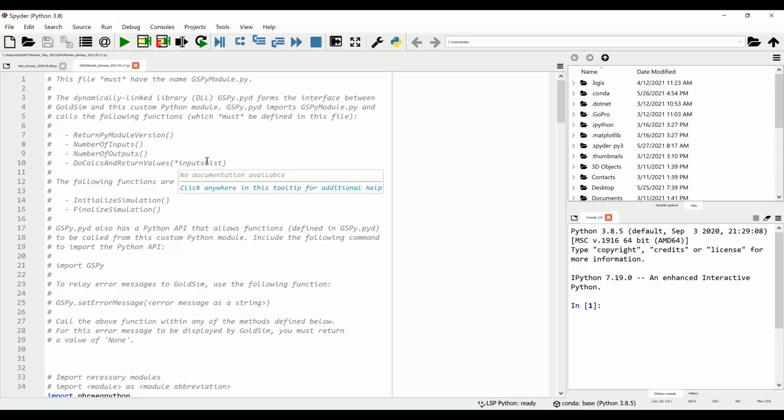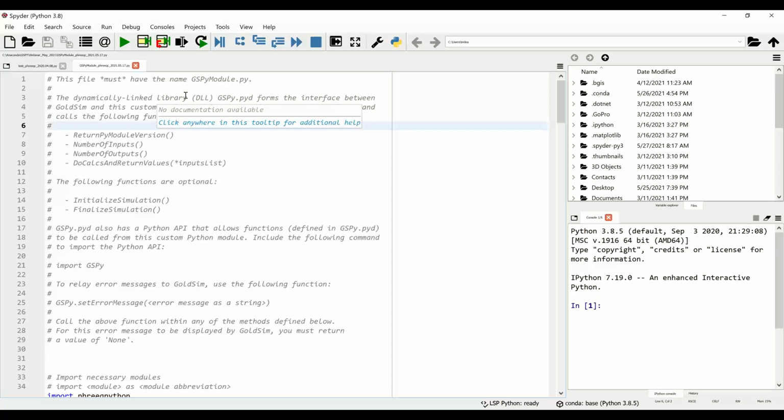Now, when you install the GoldSim Python interface from the model library, it will automatically install a file called GSPy-Module.py. And the workflow when you're making changes is that you should probably work with a file with a different name, because the dynamic link library will only work with a Python file with this name.